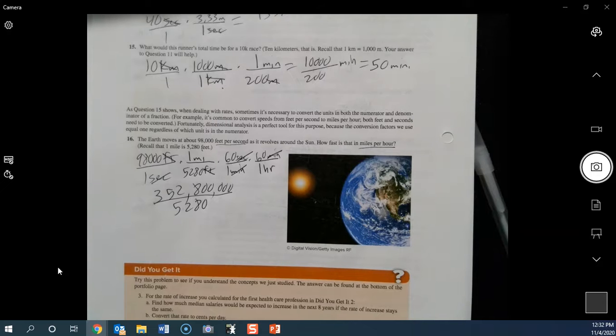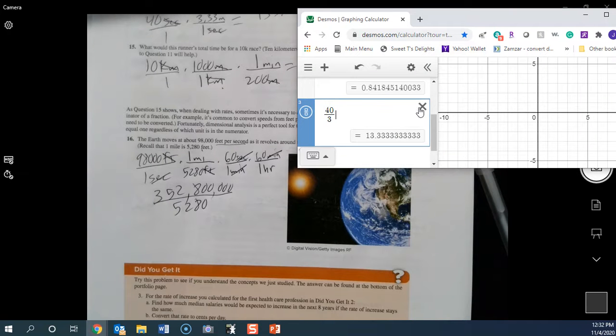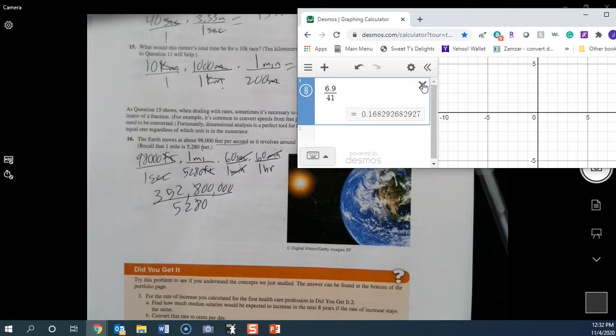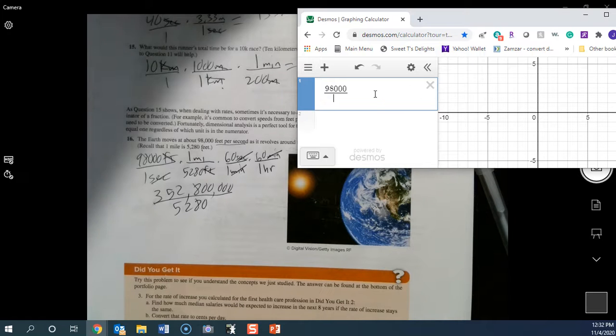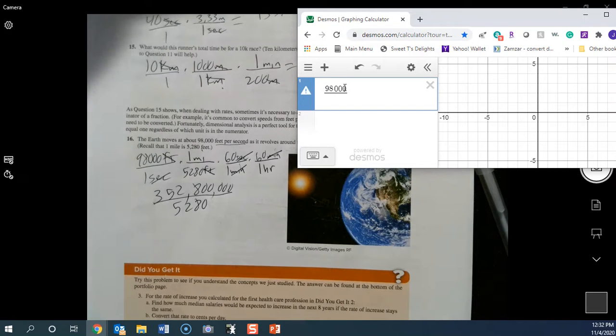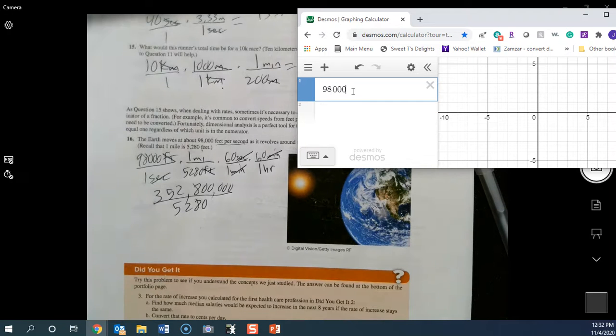Now we can show that in the calculator. So let me clear all this out. All right, so we could take 98,000, but let me just go with the 98,000 because I want to show what that numerator is.